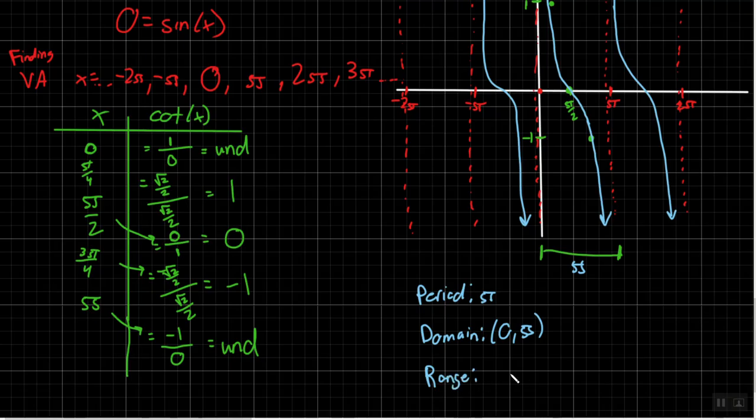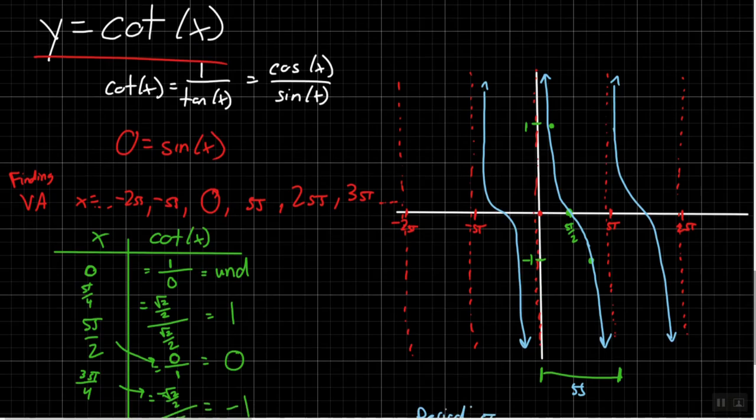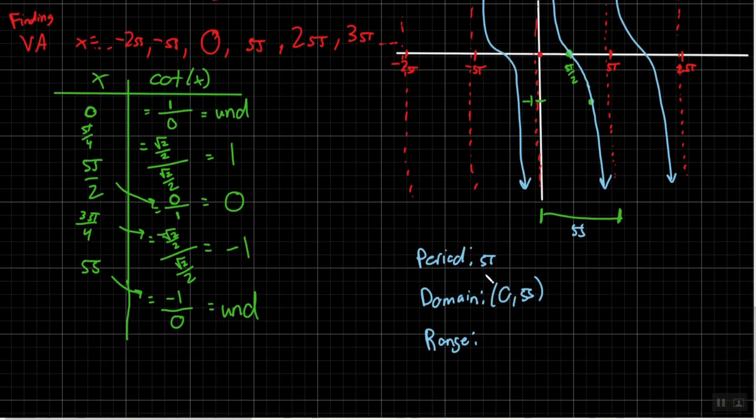So my y values. Wenzel, what were my y values? What was it? Yep, all real. Sorry, I just didn't hear you. So I'm going positive forever and negative down, down, down, down forever. This is just pi.